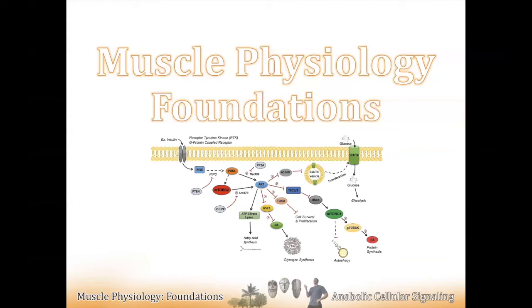That's an inhibitory effect. When mTOR phosphorylates that one, a eukaryotic translation initiation factor binding protein, 4EBP1, it is halting its inhibition of translation.